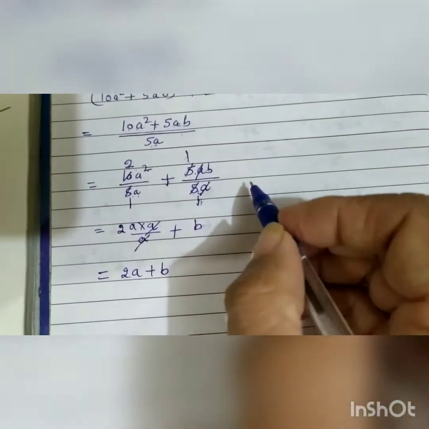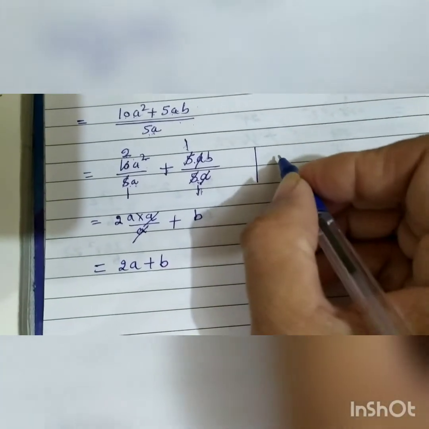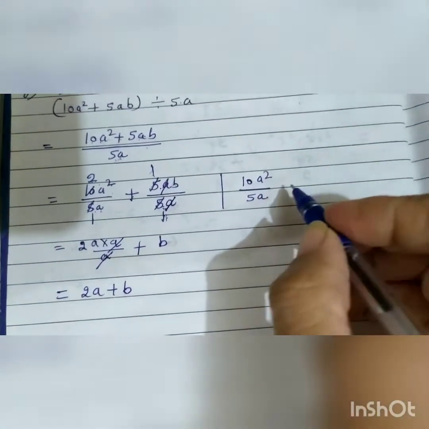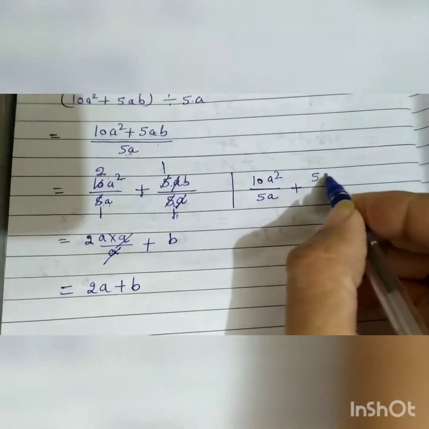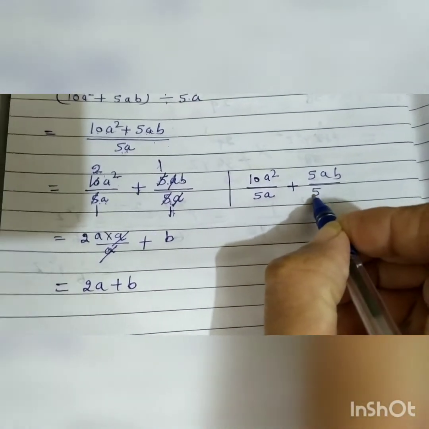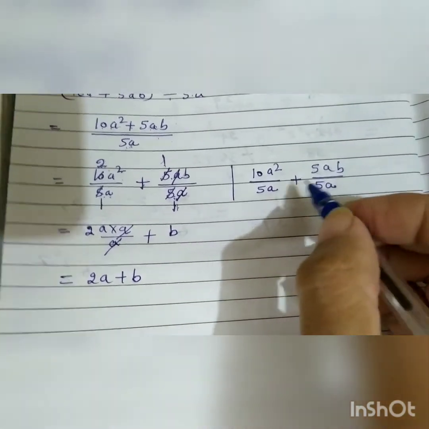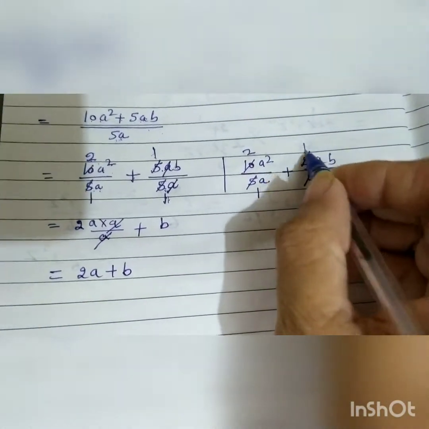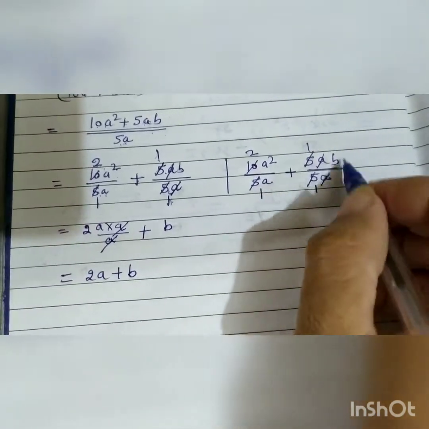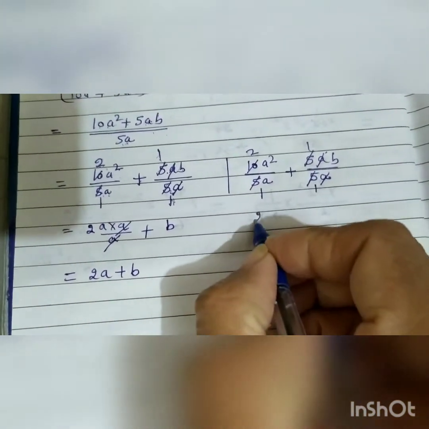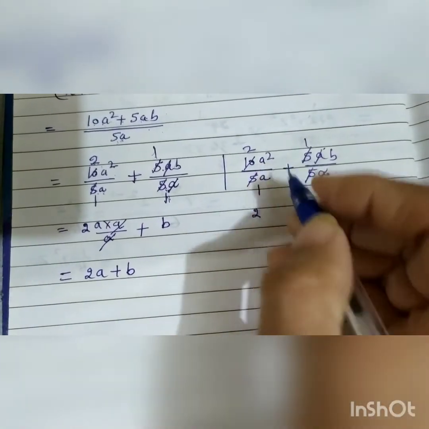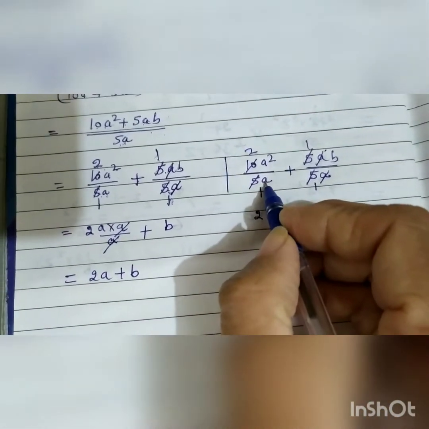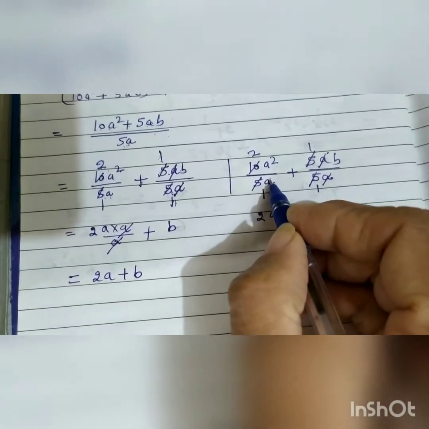Here students, we can do it like this also. See, 10a square upon 5a plus 5ab upon 5a. Here no problem. 5 ones are 5, 5 twos are 10, 5 ones are 5, and the a cancels. But here we can do it like this: this 2, then this a square. What is the power of this a? The power of this a is considered as 1.